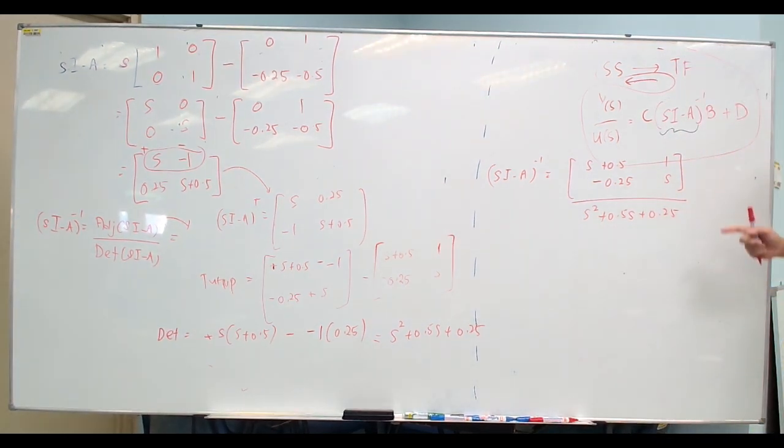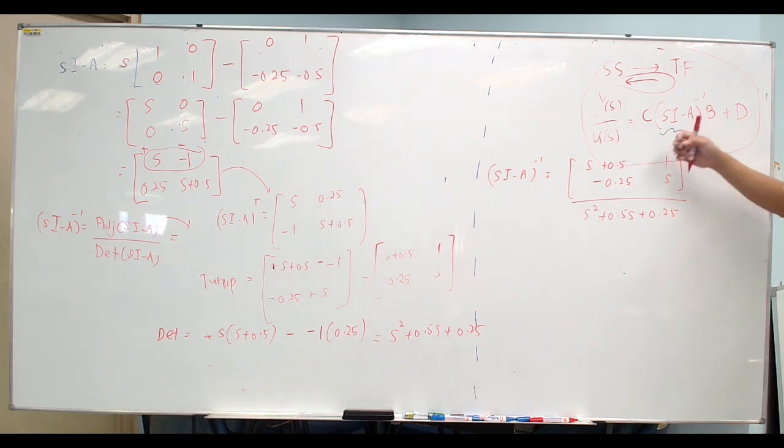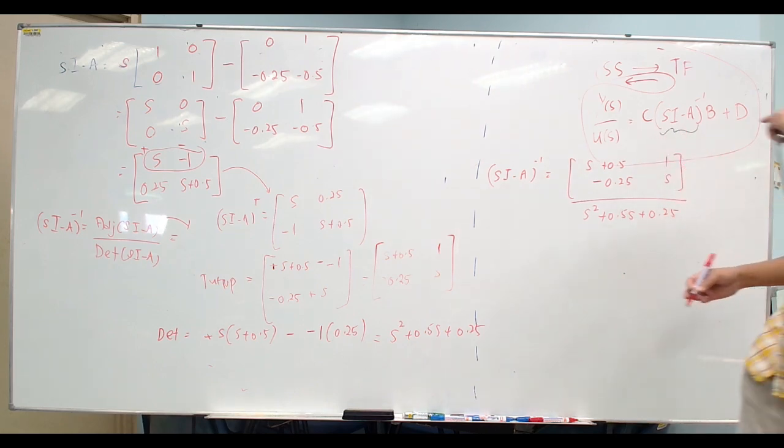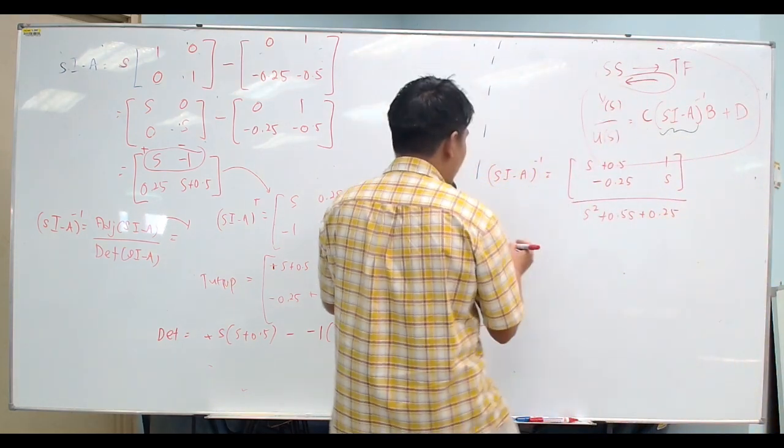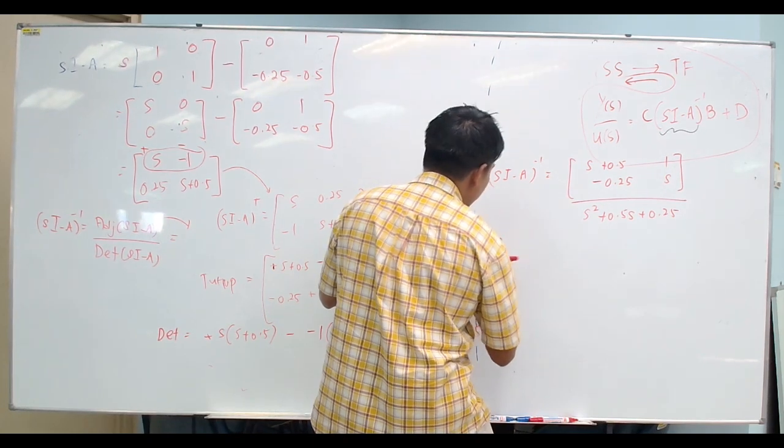Are we finished yet? No, because our target is to find the stability of the system. In order to find the stability of the system, you need to find the transfer function first. So, we use this formula to get the answer.